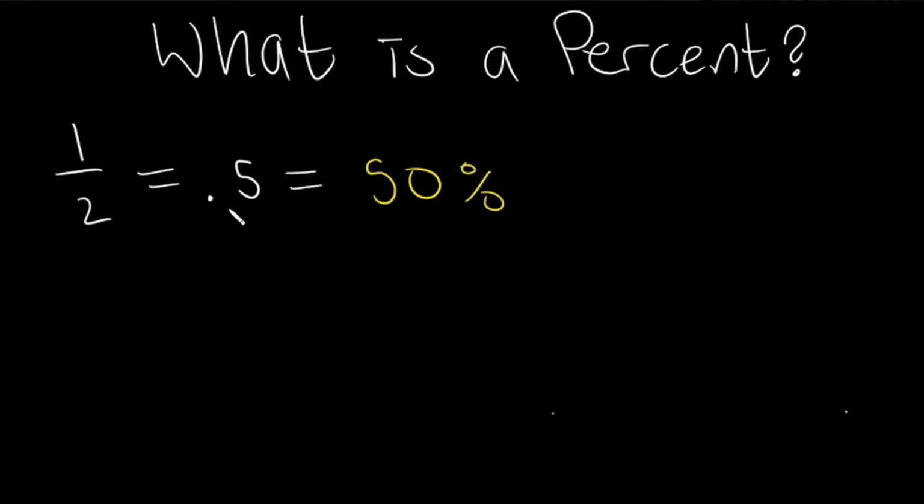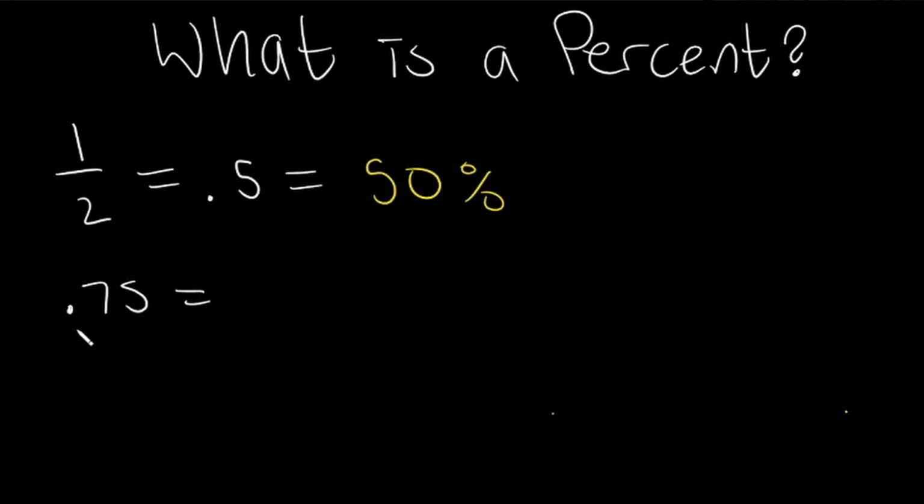To convert from a decimal to a percent, you just multiply by 100. So if we have 0.75, we multiply by 100.